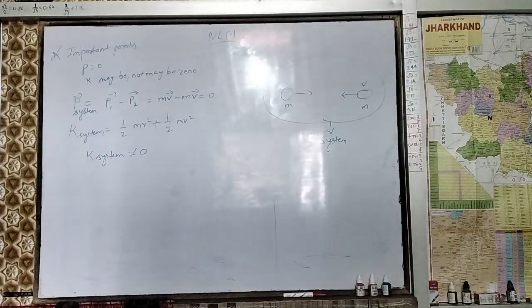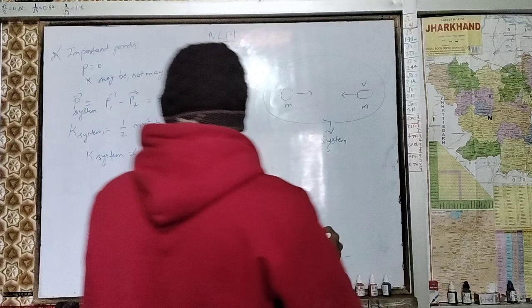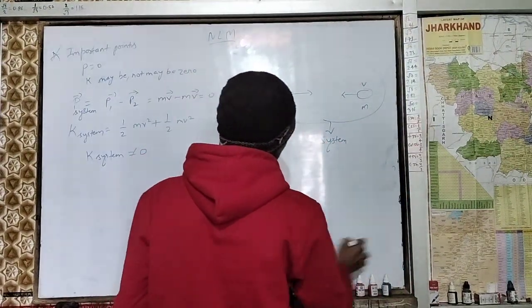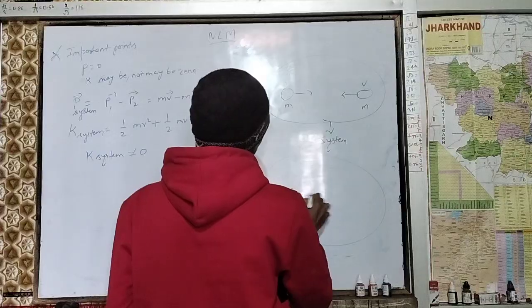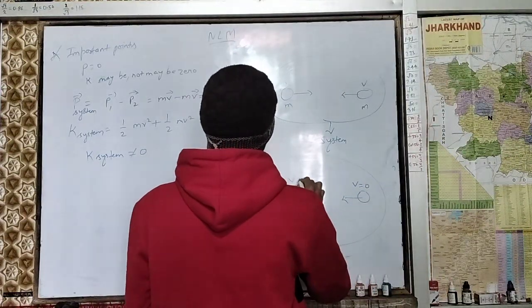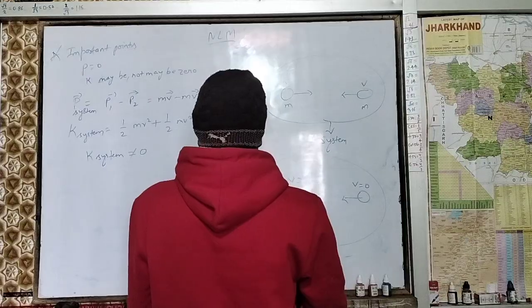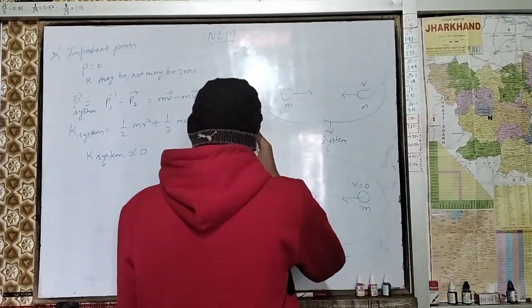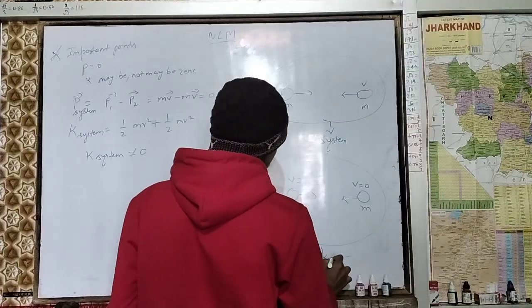Next, another figure. Here I am drawing the same figure. This is one object, this is another object. V is equal to 0, V is equal to 0. The masses are the same. Again, this is a system.